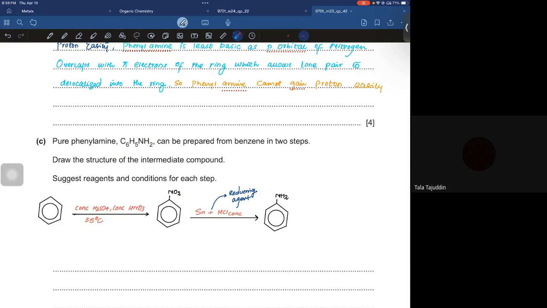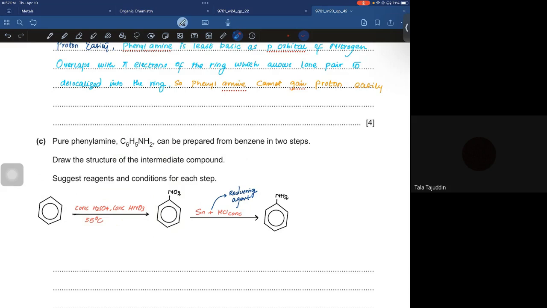So, of course, it's my compulsion. I have to form this first. This is called nitrobenzene. So you must know the reagents and conditions for nitrobenzene. If you react this benzene with concentrated sulfuric acid and concentrated nitric acid, and provide this much temperature to the benzene, then nitrobenzene would be produced.